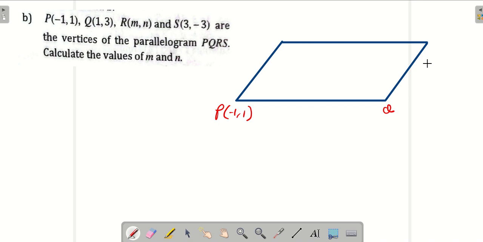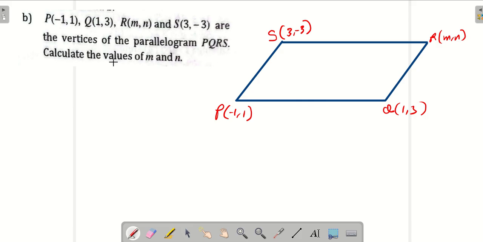We always name it either clockwise or anti-clockwise. I believe under coordinate geometry, I said that. So PQ, Q is 1, 3. And R is M, N and S is 3, -3. Okay. So that is the parallelogram.